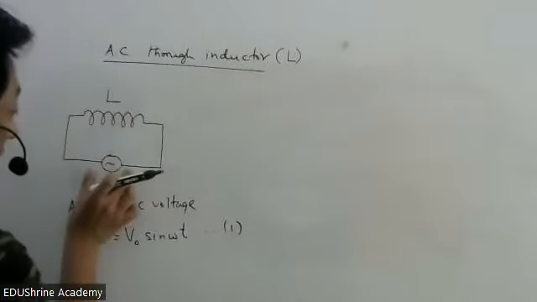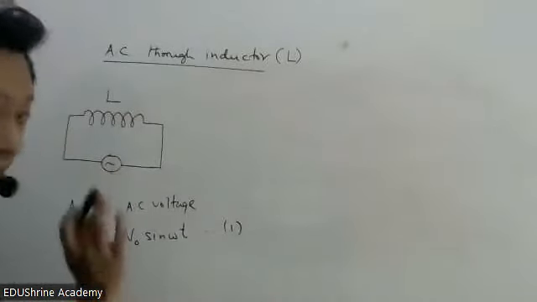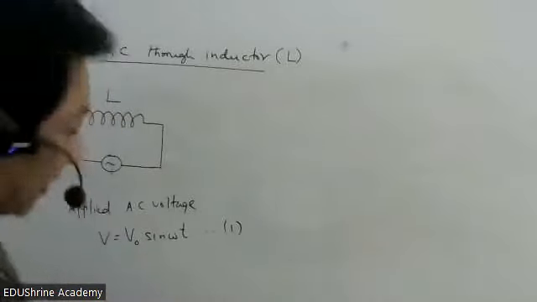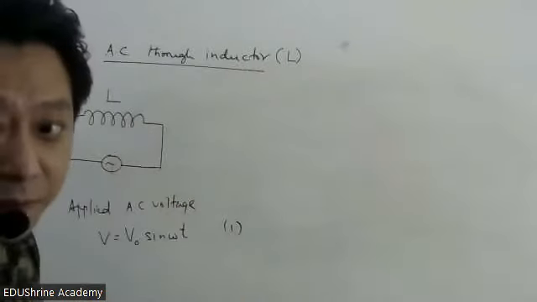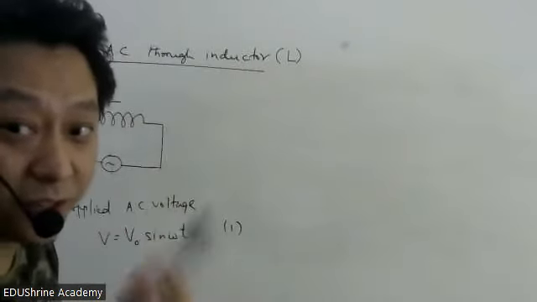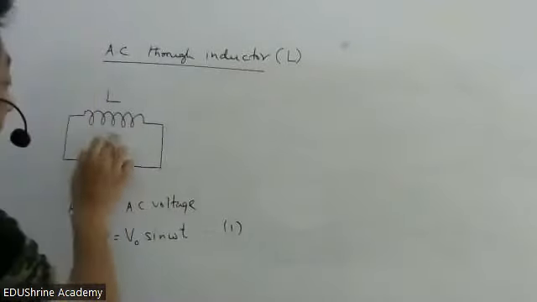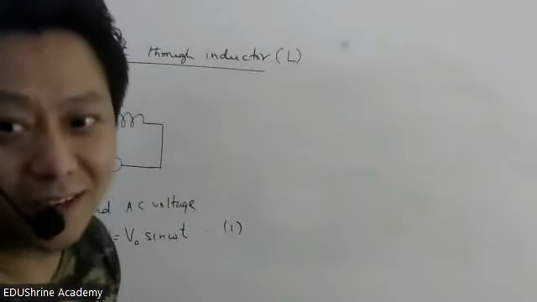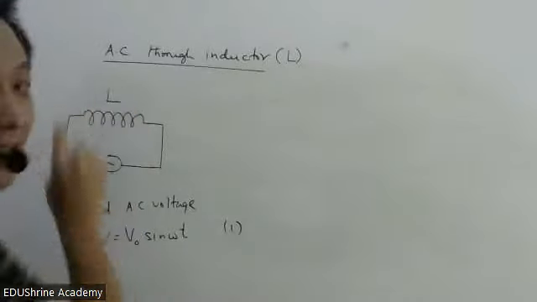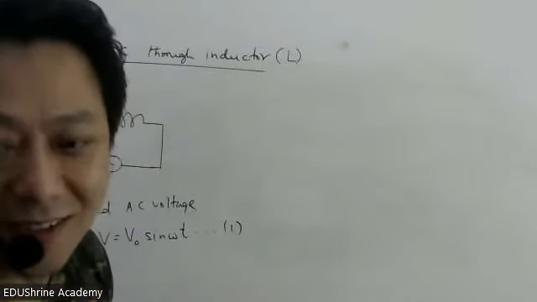Whatever voltage you apply, it is alternating voltage. Don't write, listen. It is alternating voltage. Therefore, the current here will be alternating. And whenever current changes, as I told, this inductor will induce EMF to oppose the change in current because of its inductance. Yes or no? Yes, sir.